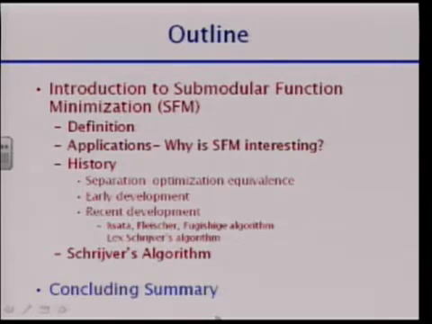So what I'm going to do is to maybe give a formal definition and then talk a little bit about why this is interesting, what the engineering applications are in this combinatorial optimization context. And also I will try to mention a little bit about the history, why people pay attention to discrete submodular functions like this, and what the early developments were.